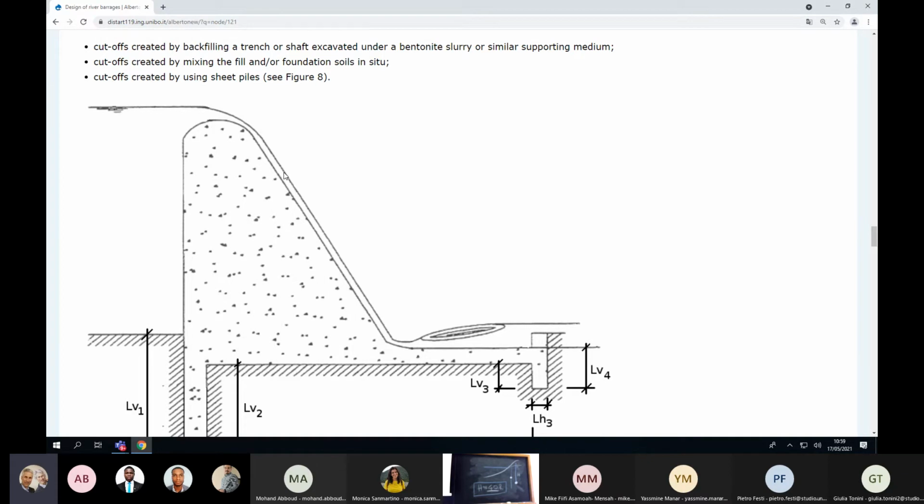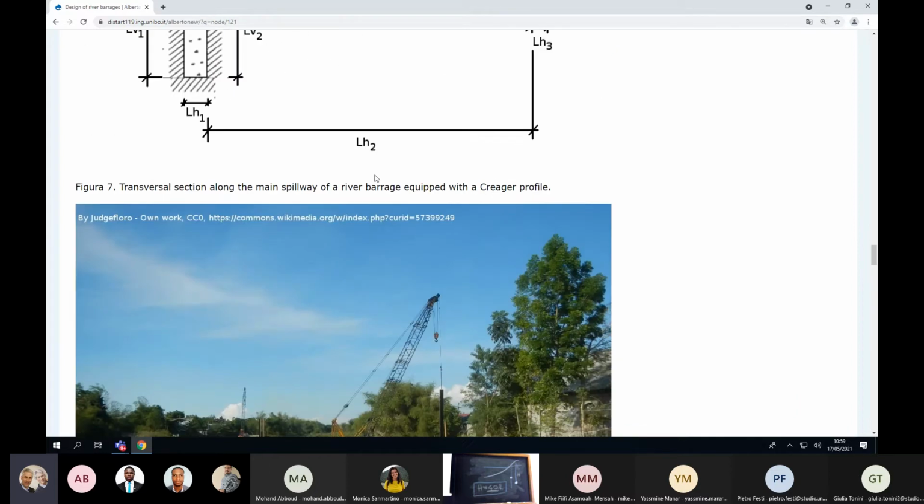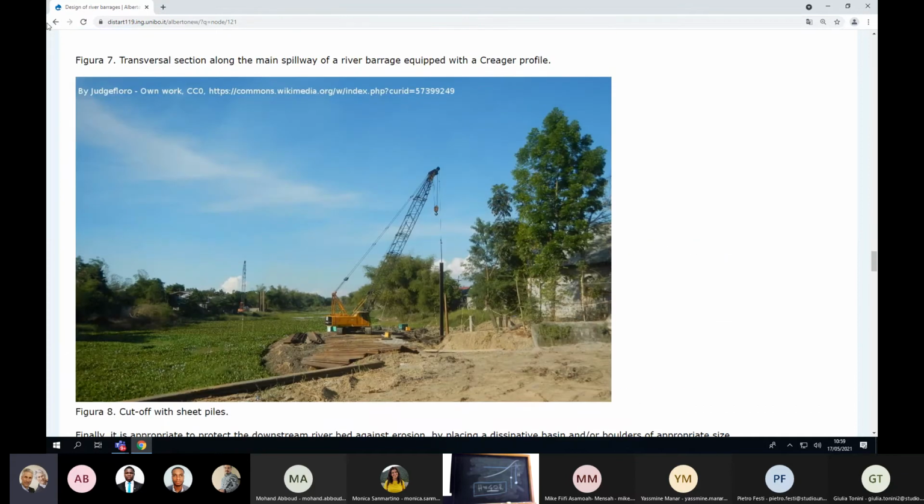And you don't have to remember the formula of the Creager spillway. You just have to mention that there is an empirical formula proposed by Creager and Shimemi, which allows you to accompany the river flow downstream, okay? The current downstream. Okay, very good.